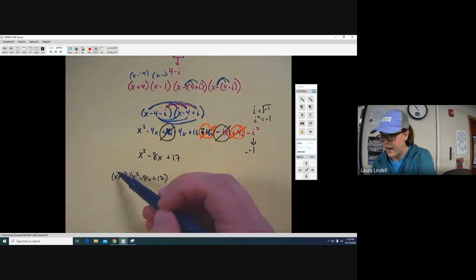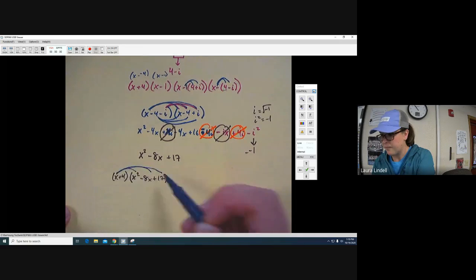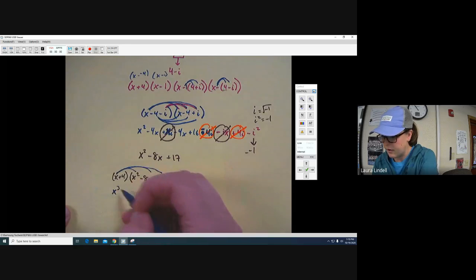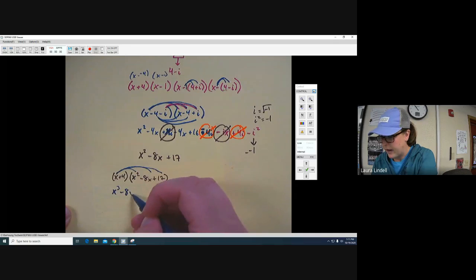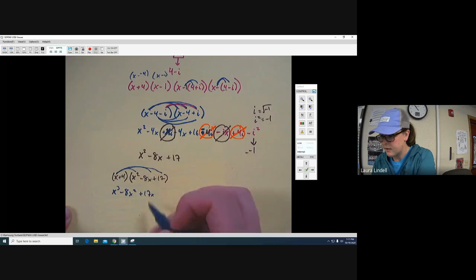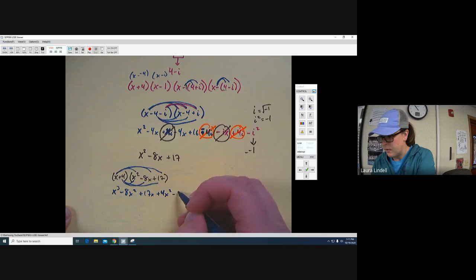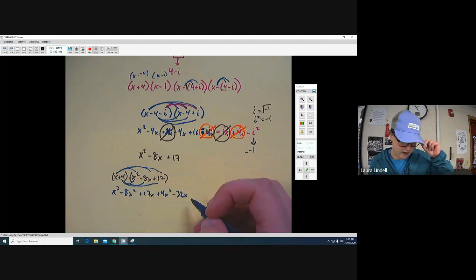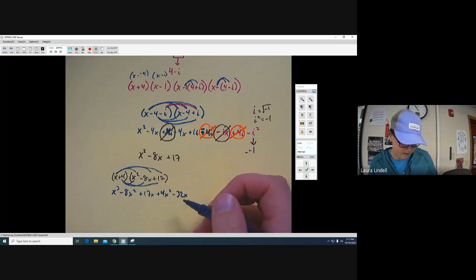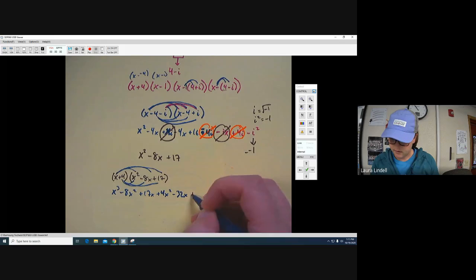So multiplying the x by all three, we get x to the third minus 8x squared plus 17x. And then multiplying the 4, we get 4x squared minus 32x. And then 17 times 4 is 68.